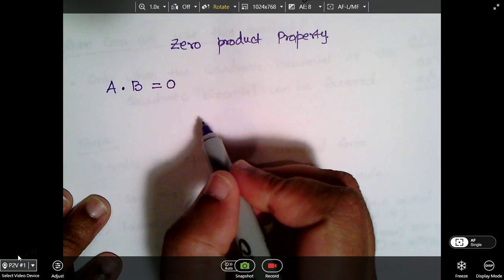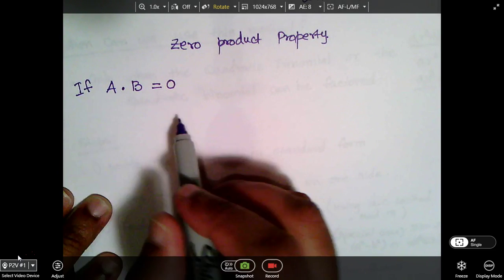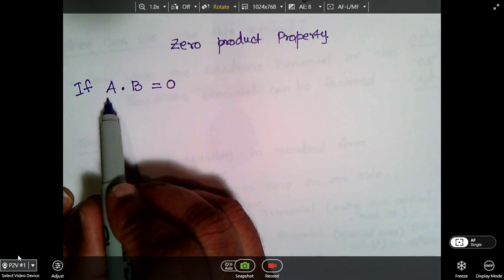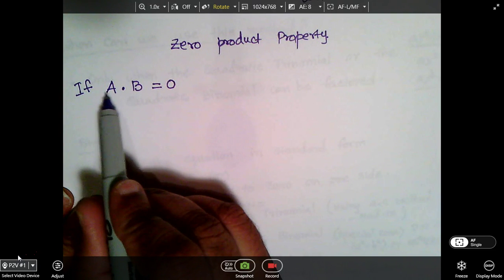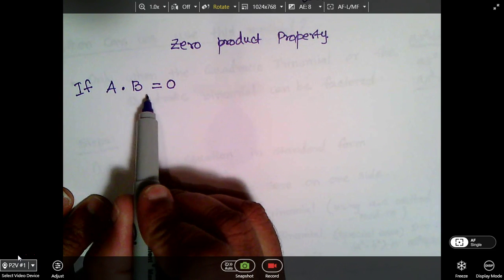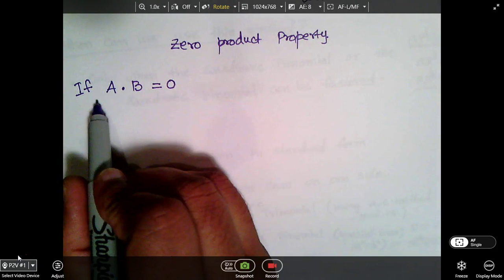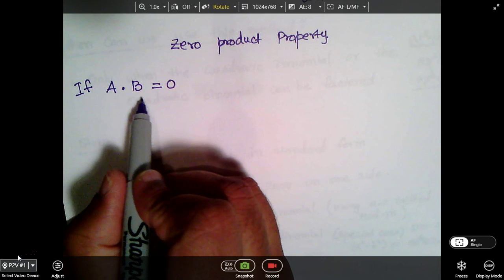If A times B is equal to 0, all I can say is either A should have been 0 or B should have been 0 for me to get that answer to be a 0. I don't know which one is 0 for sure, but I know either one of them is a 0.